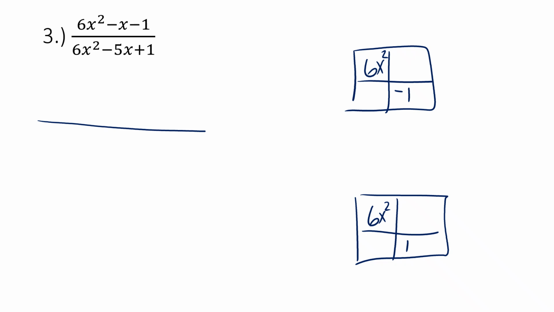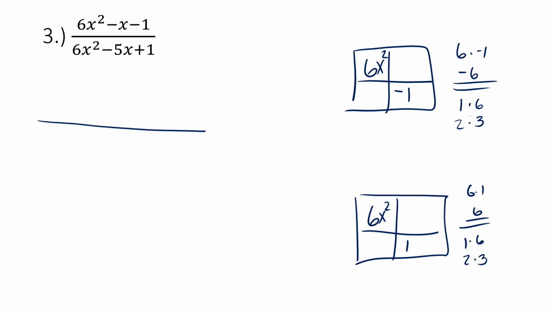So we multiply a times c: 6 times negative 1 gives me a negative 6. Here I have 6 times 1, which gives me a positive 6. Why that's useful is we end up with the same combinations, but we're looking for different things in the middle. So the first one needs to multiply to a negative 6 and add up to a negative 1.